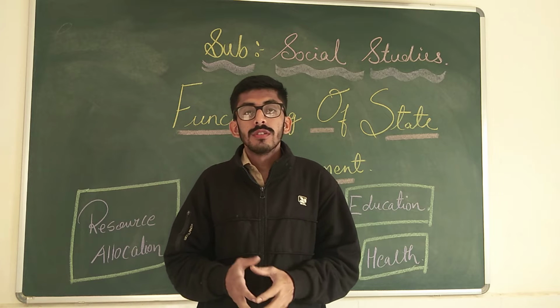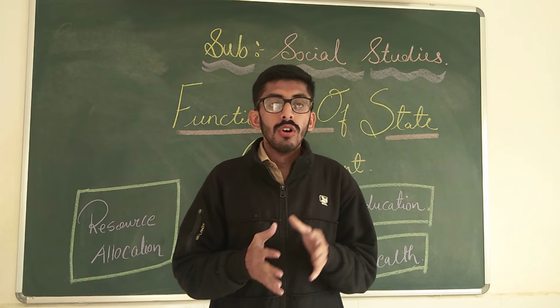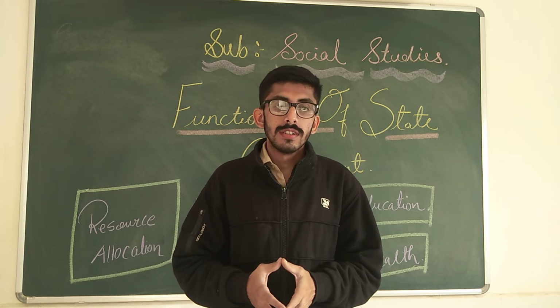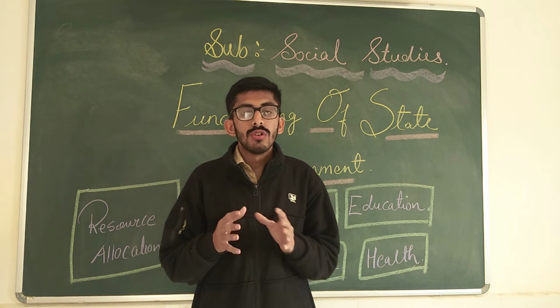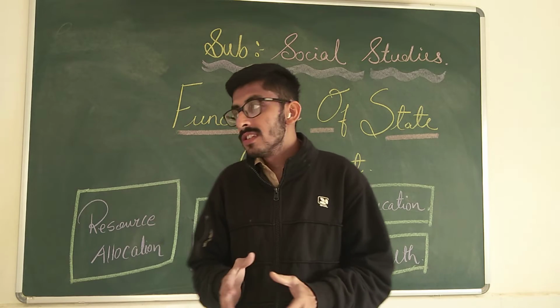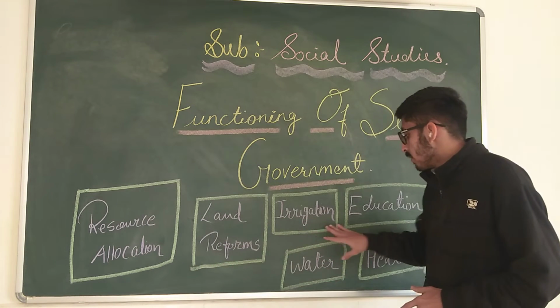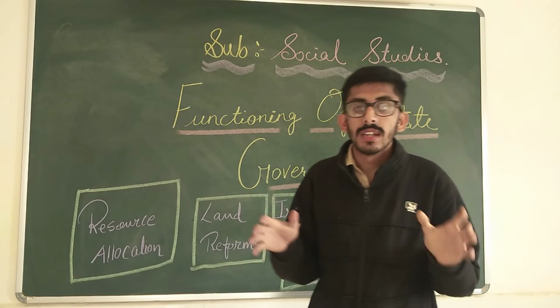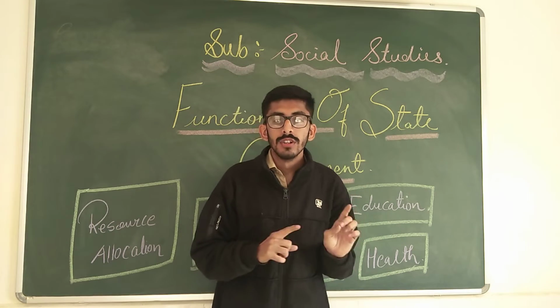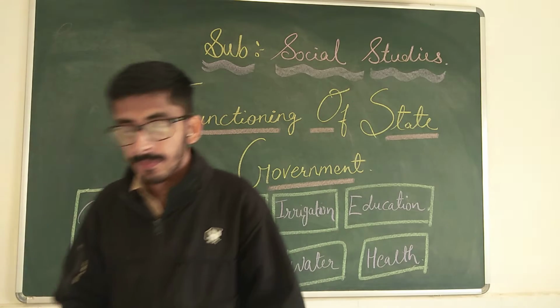So India was supposed to import crops from outside countries, and it was recorded that 1.25 crore ton was imported. In this chapter we will study further about irrigation, education, water and health facilities. These are the functions the particular state should carry out.